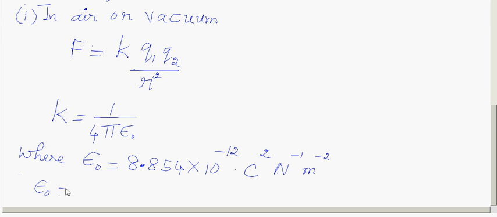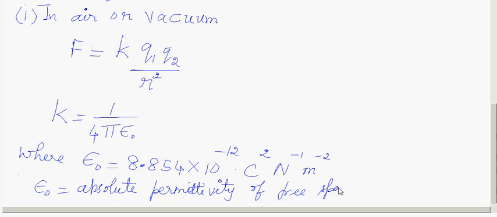Epsilon naught is absolute permittivity of free space. Absolute permittivity of free space.